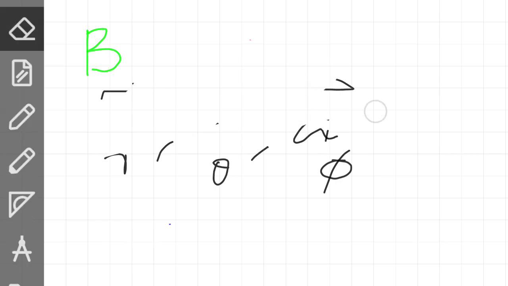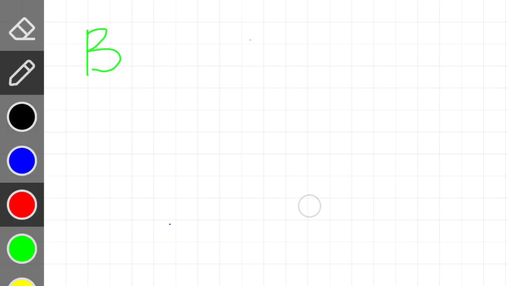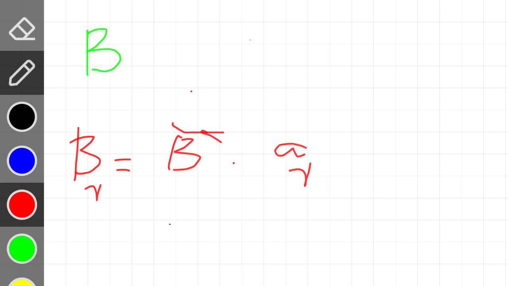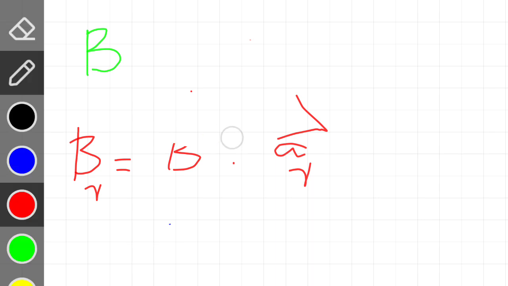So the component of this vector along the unit vector AR will be equal to BR, and this component will be equal to B dot AR. So B dot AR gives you the R component of this vector.